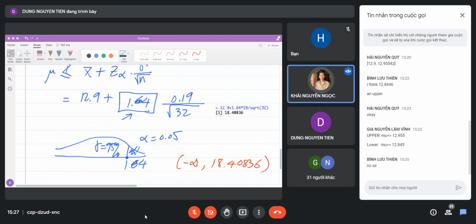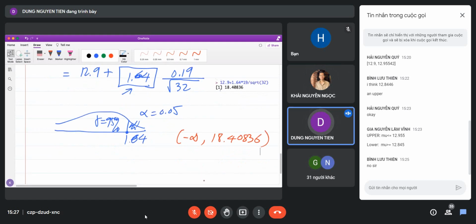Sir, the number 1.64 you also took from the table, right? Yeah, that's right. I used that number from the table. If I use the software to get a more accurate value, this is the one I get.